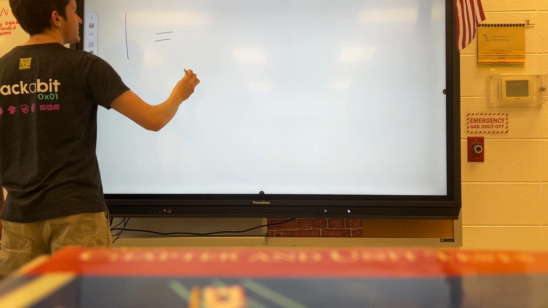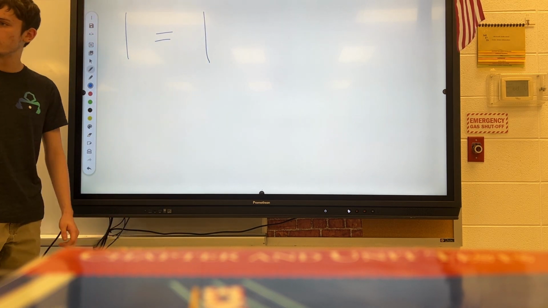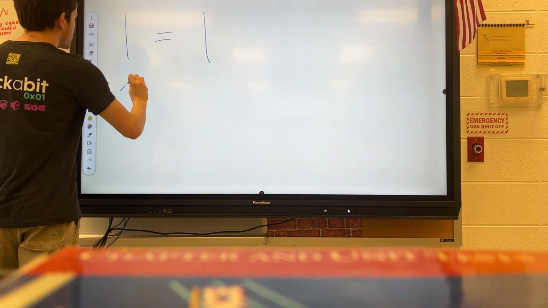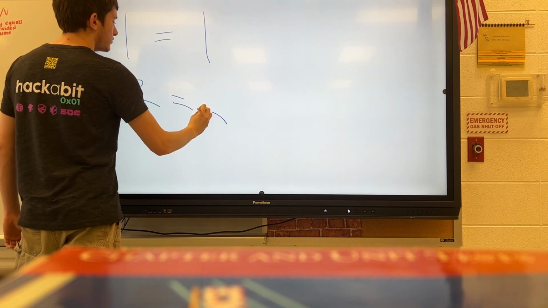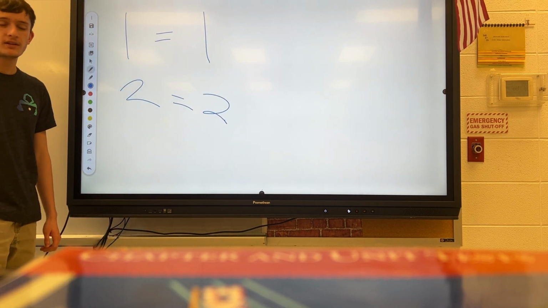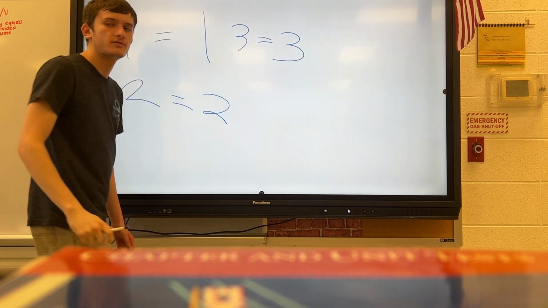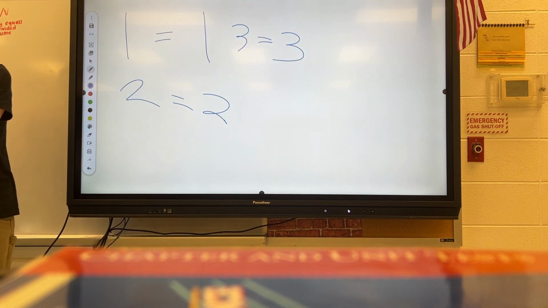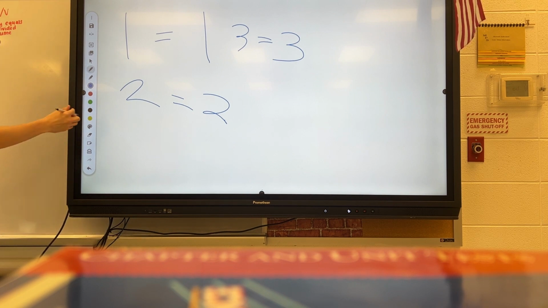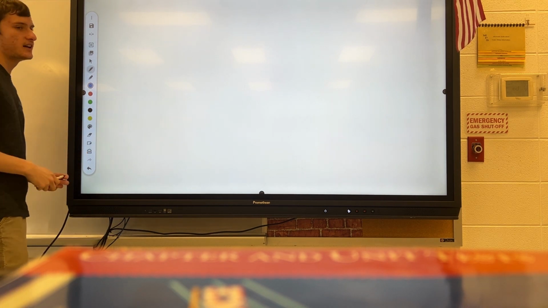Well, the value will be 1. If I wanted to represent 2, the value will be 2. If I wanted to represent 3, the value would be 3. What would the value be if it was 4? 4, okay. So that's how you can represent data using decimal.